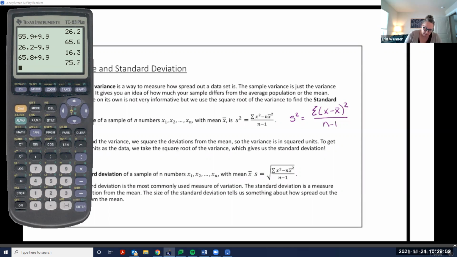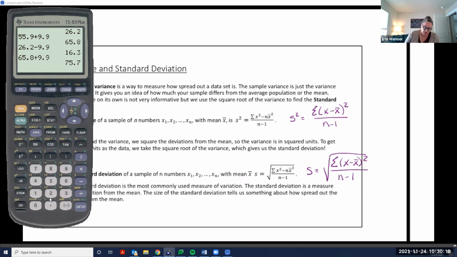To get the same unit as the data, we take the square root, which gives us the standard deviation. And again, I don't like what the book has written, so we're going to use this formula. But again, I'm not going to ask you to calculate this by hand. We did it once to show we knew what we were doing, but in the future, we're just going to use our calculator to do this.